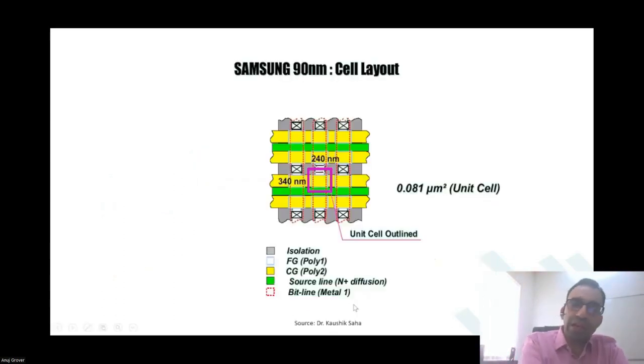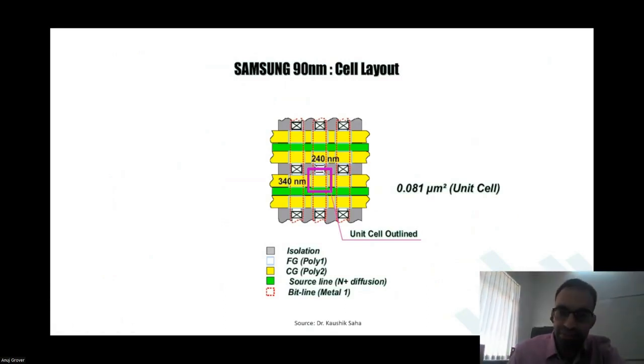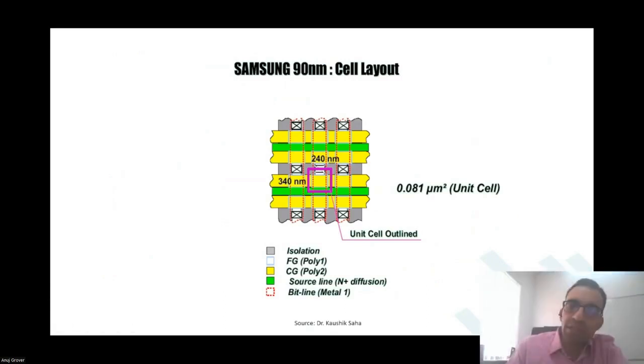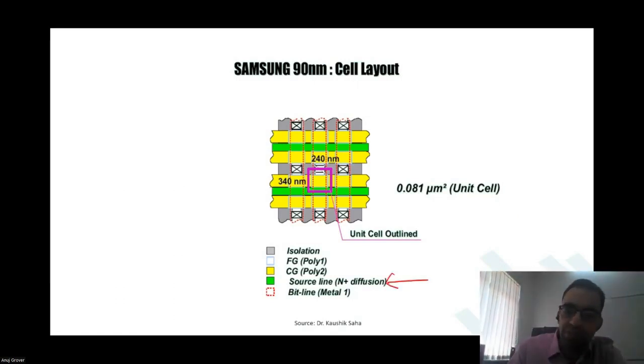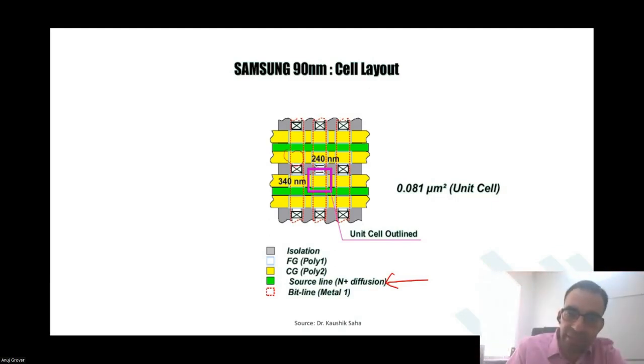So the layout of such a cell appears something like this. The green one is the source line that is sent through the diffusion layer, and yellow one shown over here is, let us say, the control gate. Floating gate is shown with this light gray kind of a thing, and then there is isolation between the cells.